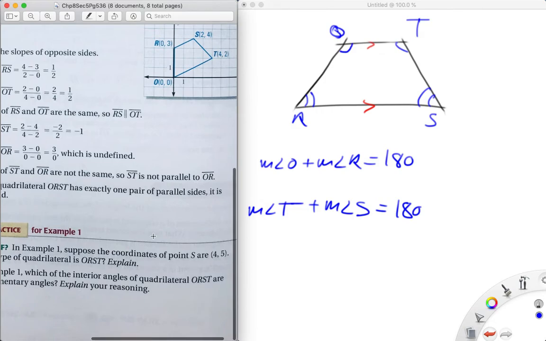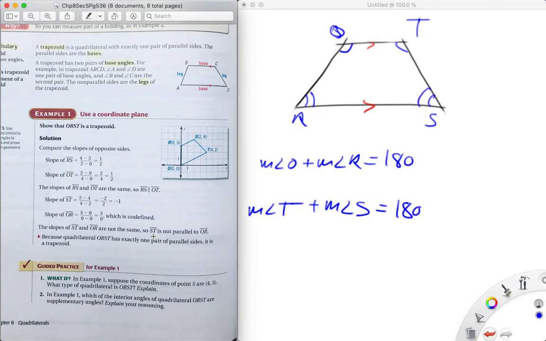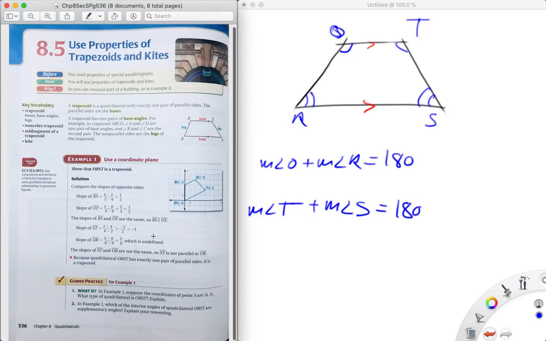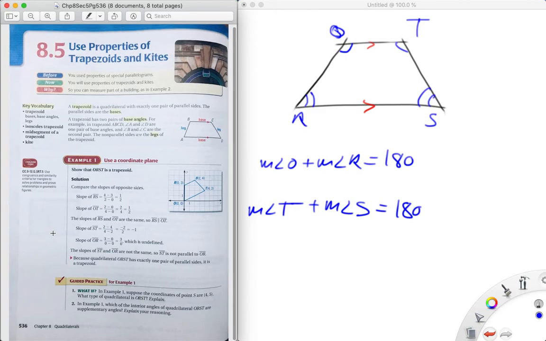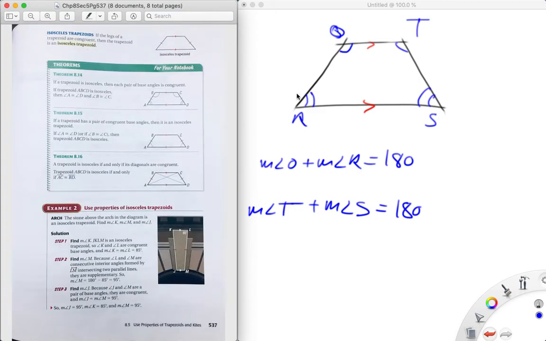All right, which leads us to our next type of trapezoid, and that's the isosceles trapezoid.